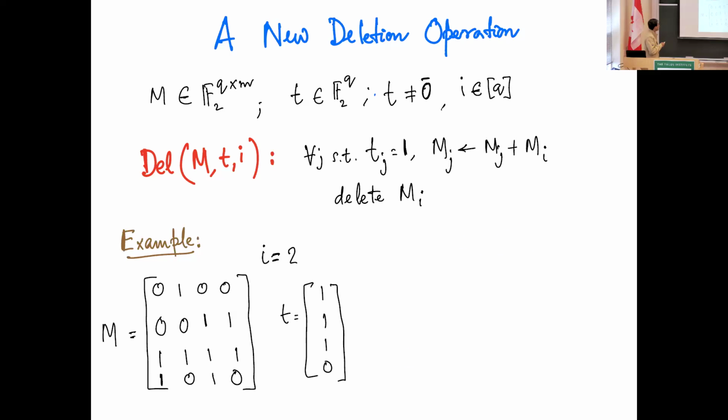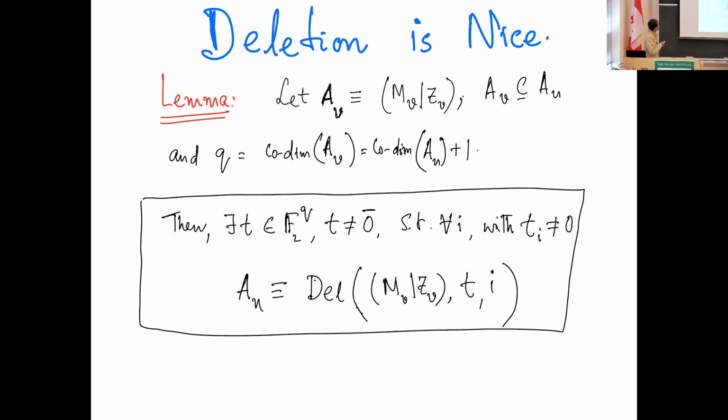So here is the effective lemma which we are going to use. If I am given an affine space represented by this linear constraint matrix, and the new affine space has one dimension less, then there always exists a non-empty subset of rows such that this delete operation will always give me a valid representation of the new affine space.